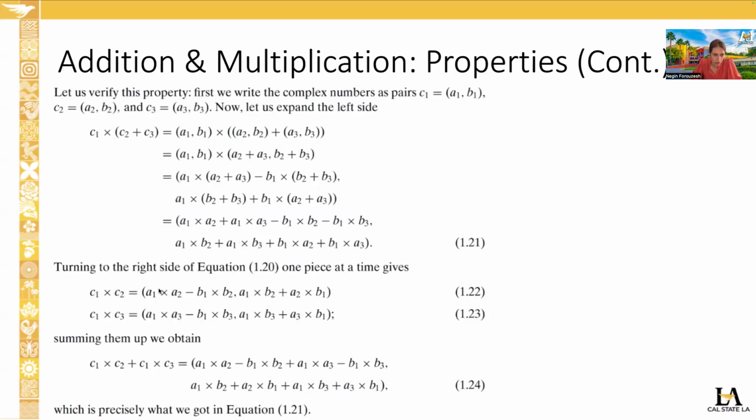And then for the right-hand side, right? When we have this C1 times C2 plus the C1 times C3, we just follow those instructions again on multiplication. So this is what we get in here. We need to have these two components.